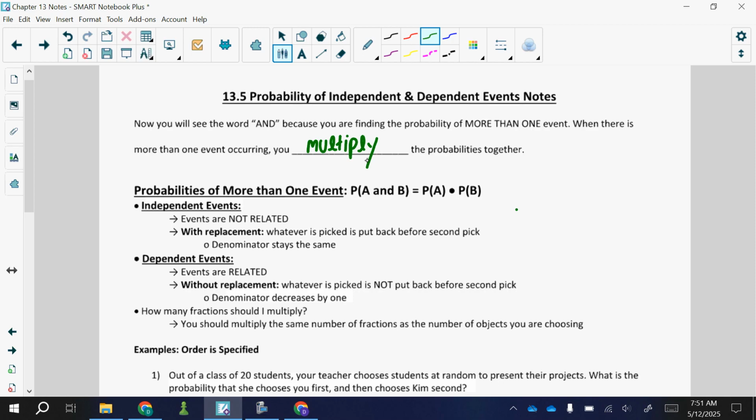Math-wise, you can read it as the probability of event A and event B, which is equivalent to the probability of event A multiplied by the probability of event B.